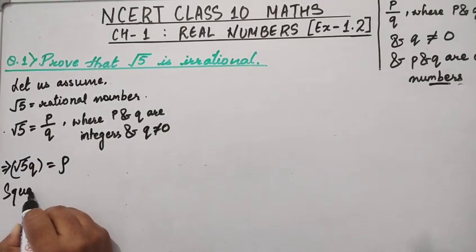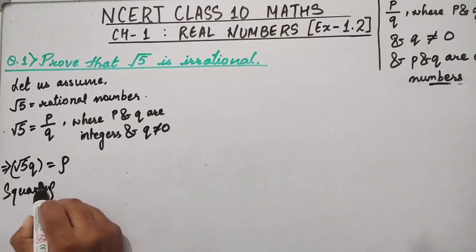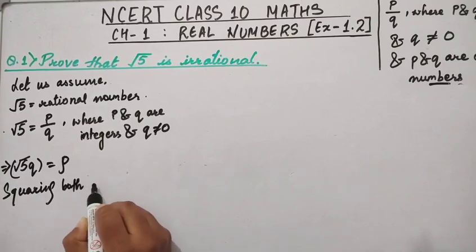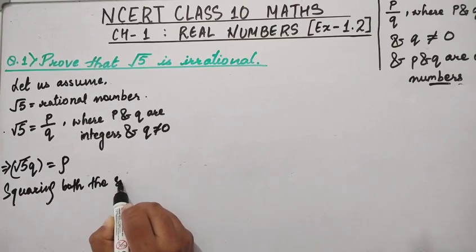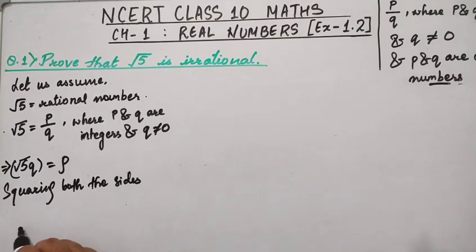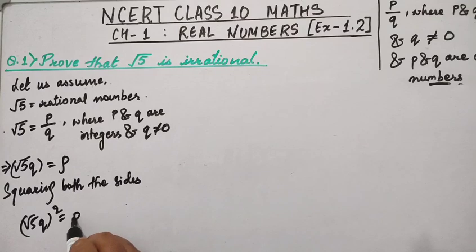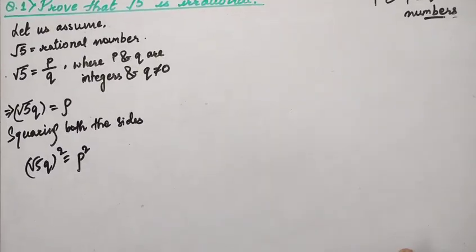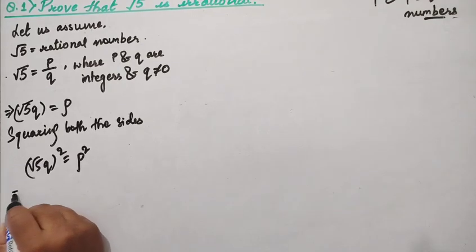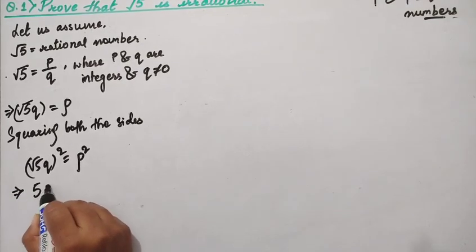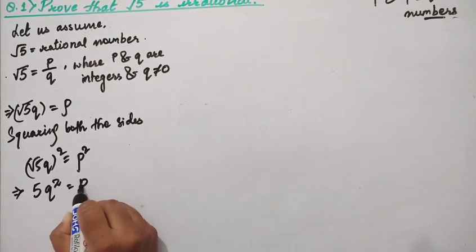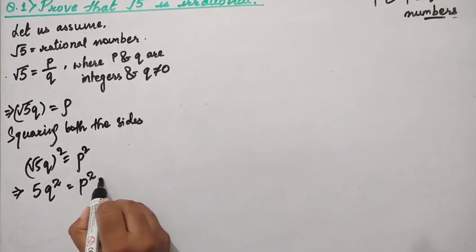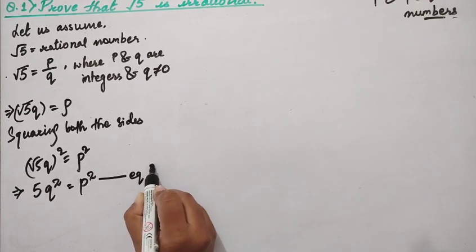We will square both the sides. Now next we have 5q square equals p square. Let us take this as equation 1.